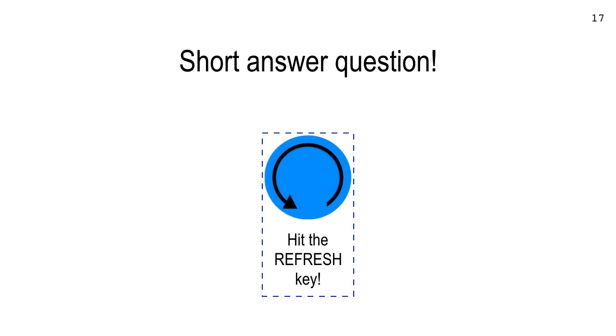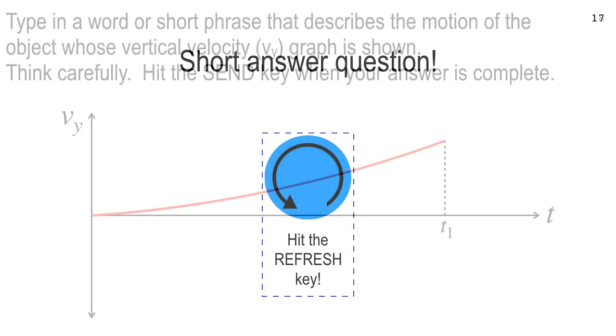You're going to be typing in letters, numbers if you want. Let me change this from multiple choice now to short answer. You should hit the refresh key, and it starts at letter A. Here's your question.